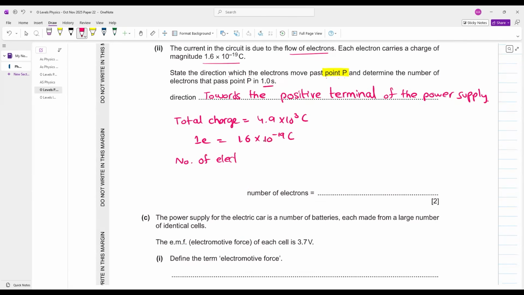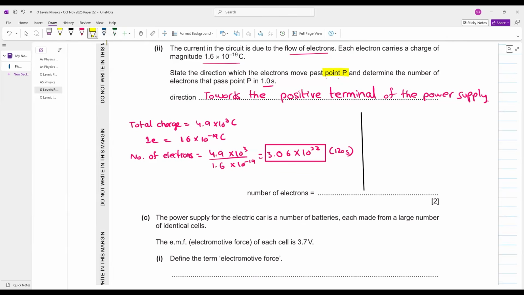Number of electrons निकाल सकते हो जी बिल्कुल. 4.9 10 raised to the power of 3 divided by 1.6 10 raised to the power of minus 19. Yes, the number of electrons comes out to be 3.06 into 10 raised to the power of 22.